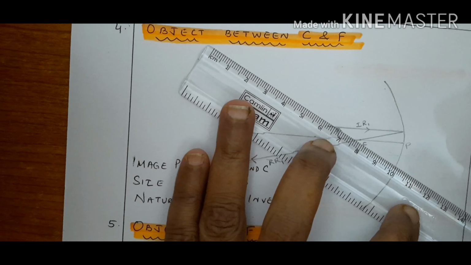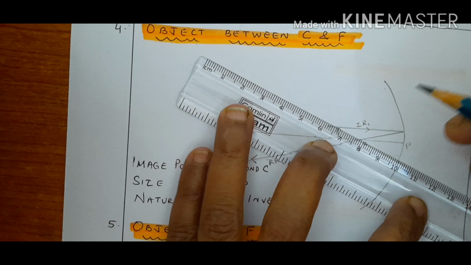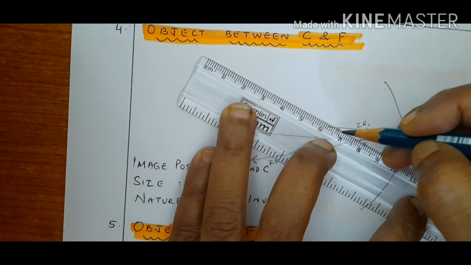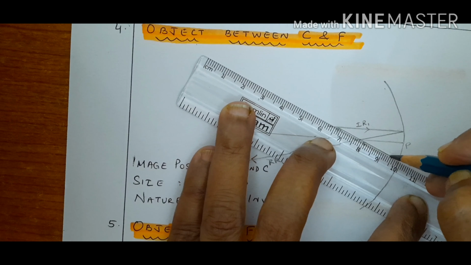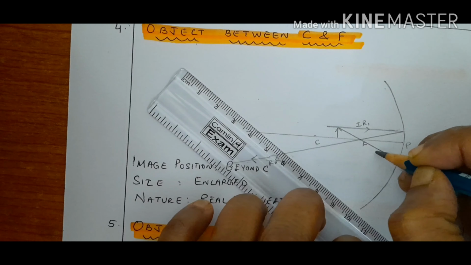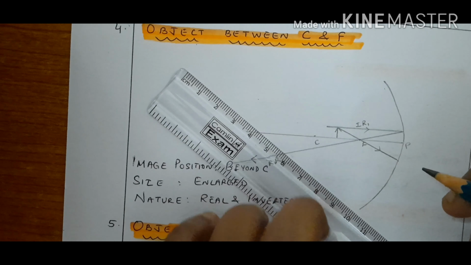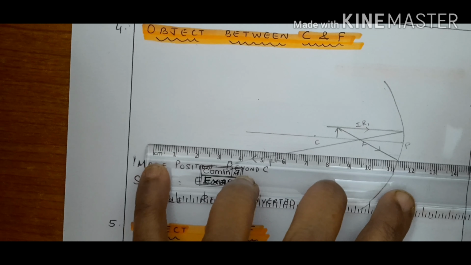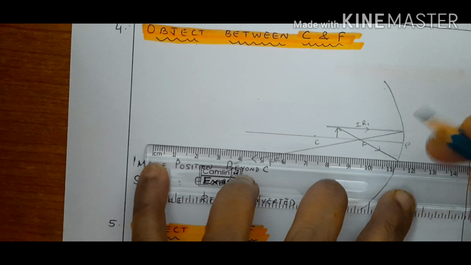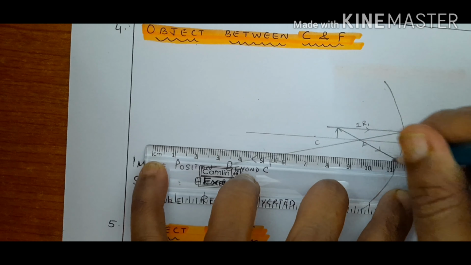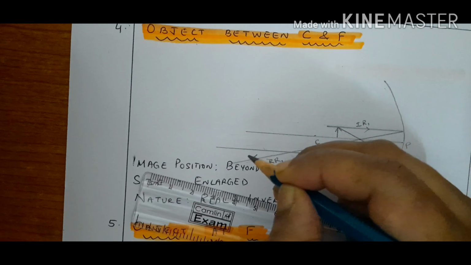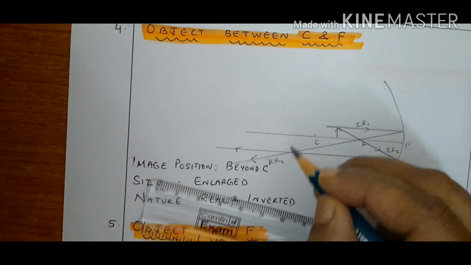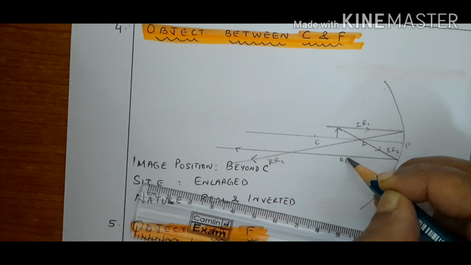Next, the second ray, I am making it pass through the focus, touching the top of the object and hitting the mirror. Now this ray after reflection goes parallel to the principal axis. So this is IR2 and this is RR2.